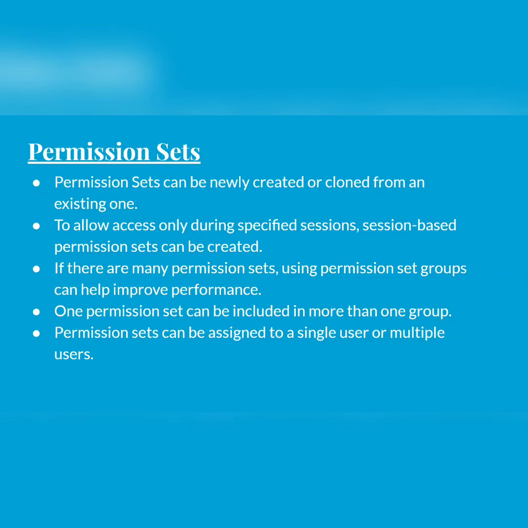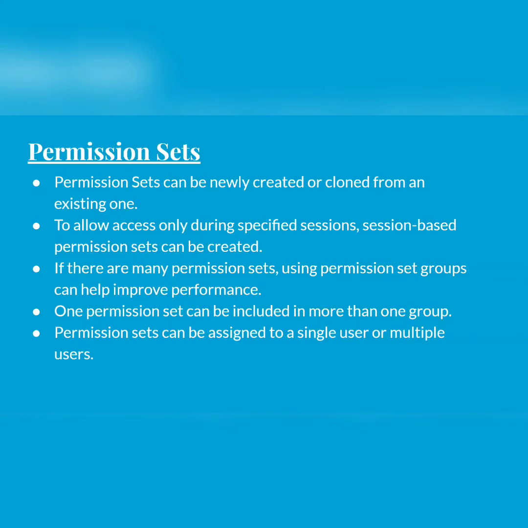If there are many permission sets, using permission set groups can help improve performance. If you have hundreds of permission sets in your org, you can create a group of permission sets which you are most likely assigning to every user, or maybe to a particular set of users. Say you are assigning these 5 permission sets together to a group of users.